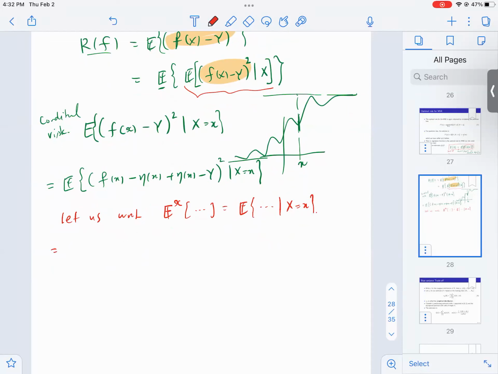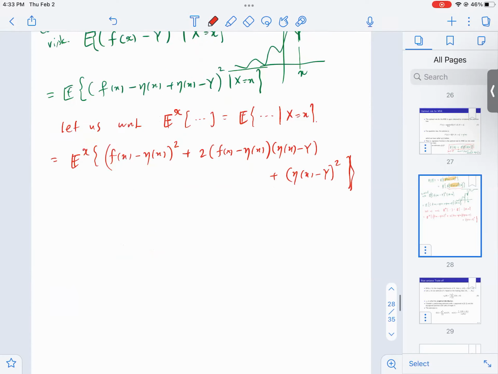Okay, so this would be expectation on x, and I'm going to expand. So I get f of x minus eta of x squared, plus 2 f of x minus eta of x times eta x minus y, plus eta x minus y squared. Okay, and then I separate everything.